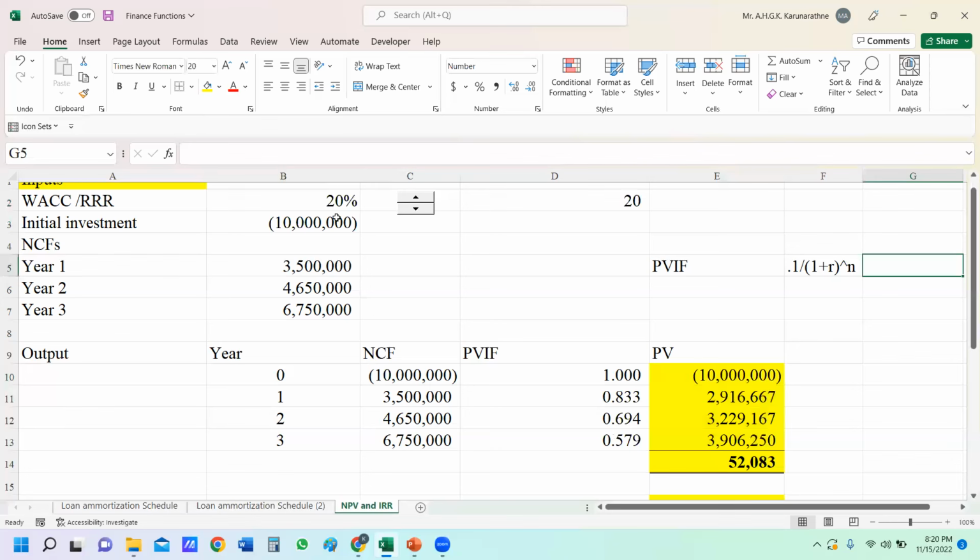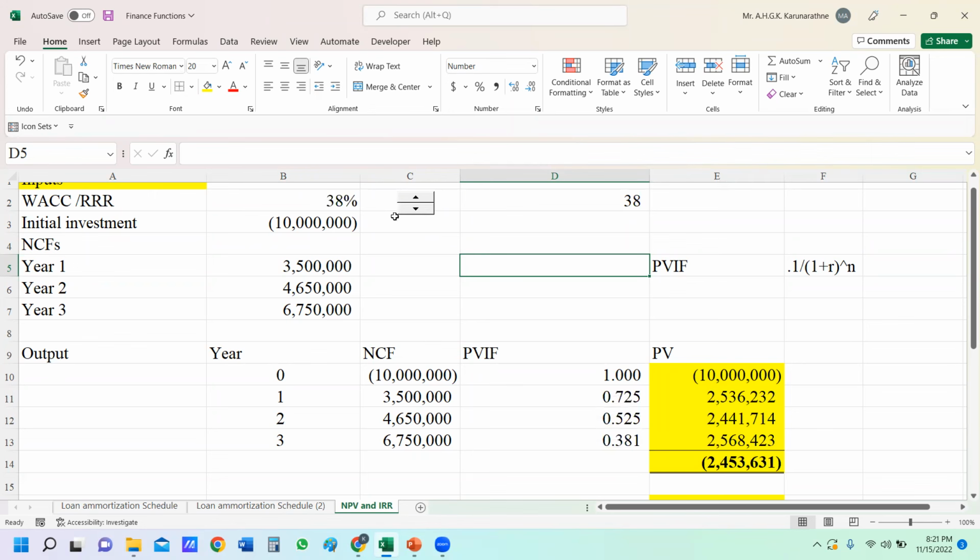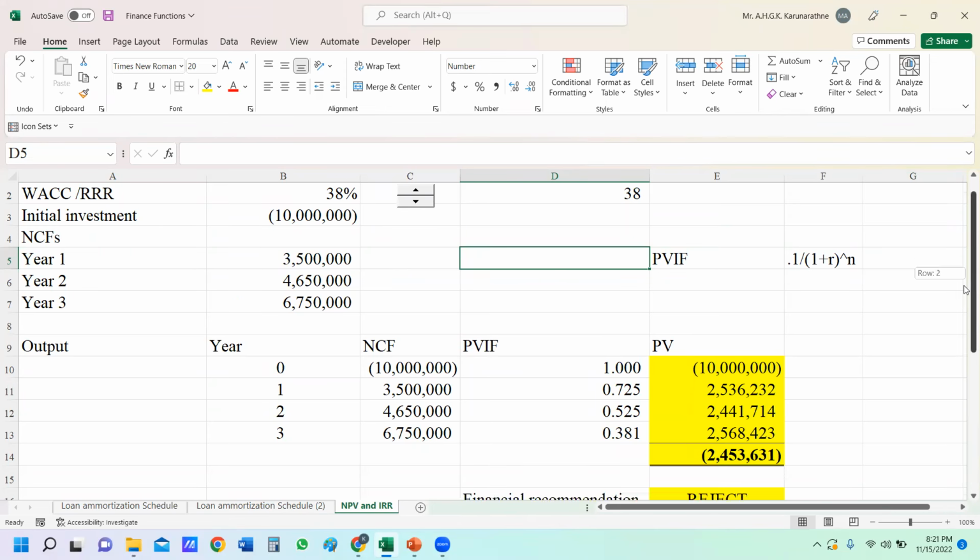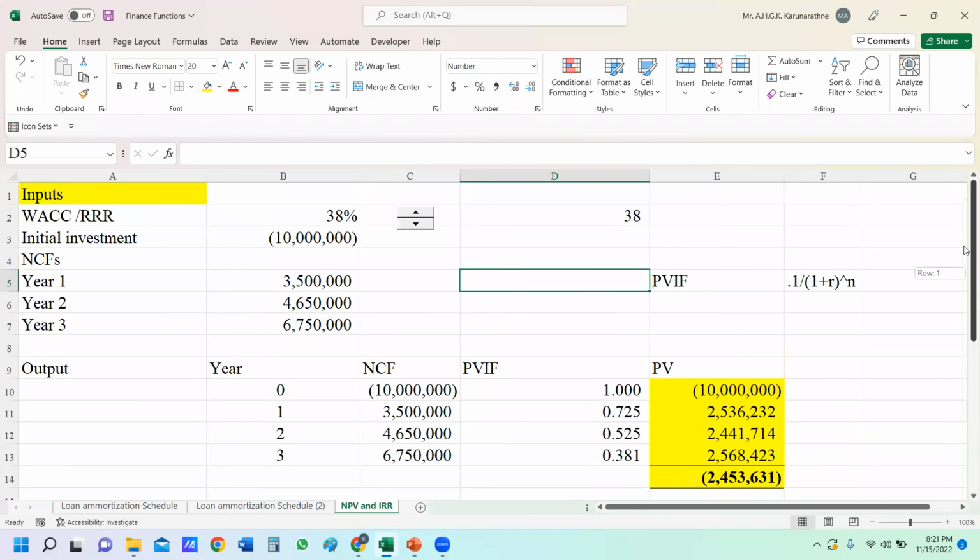This is the initially expected value. So accordingly, you can apply some additional tools so that you can easily manipulate and see what happens to your project.